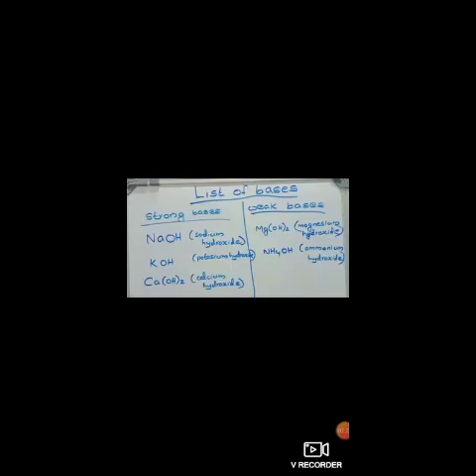Before going to it, we will just go through the list of acids and bases, which are strong and which are weak. First of all, we can see the list of bases. There are some bases which are strong and some are weak. Few examples for strong bases: NaOH, KOH, calcium hydroxide.